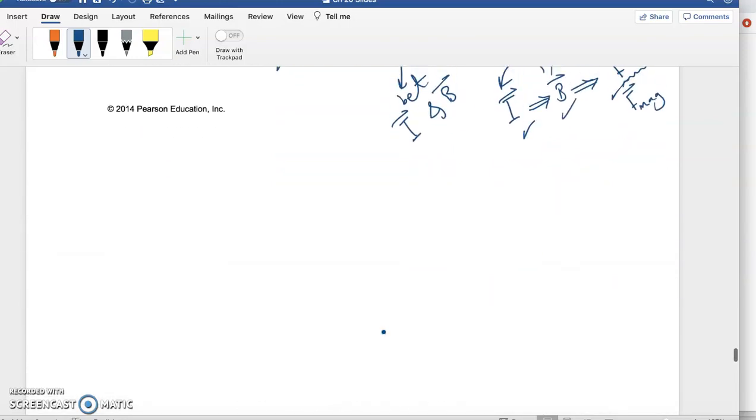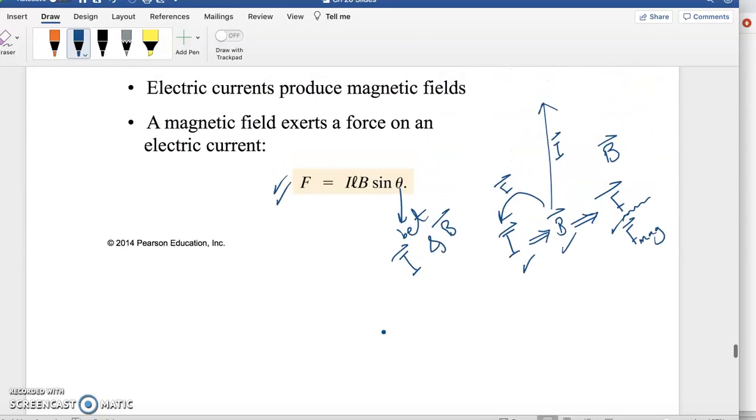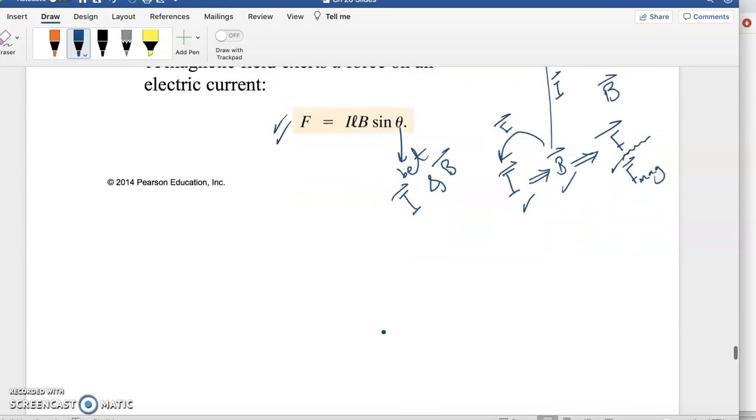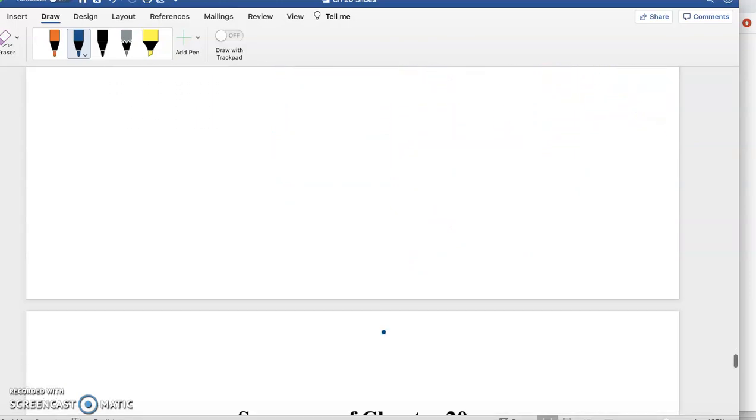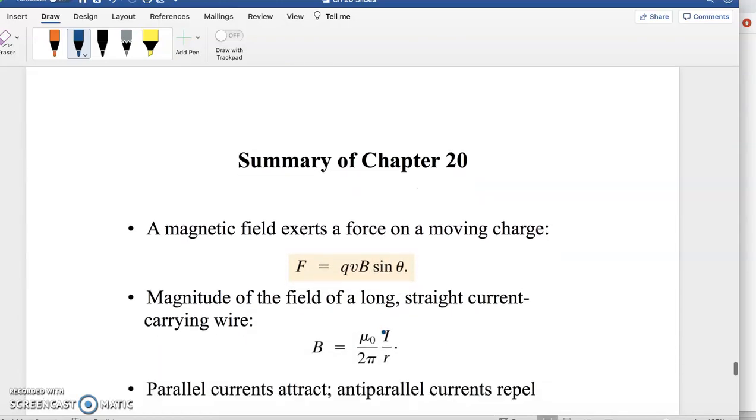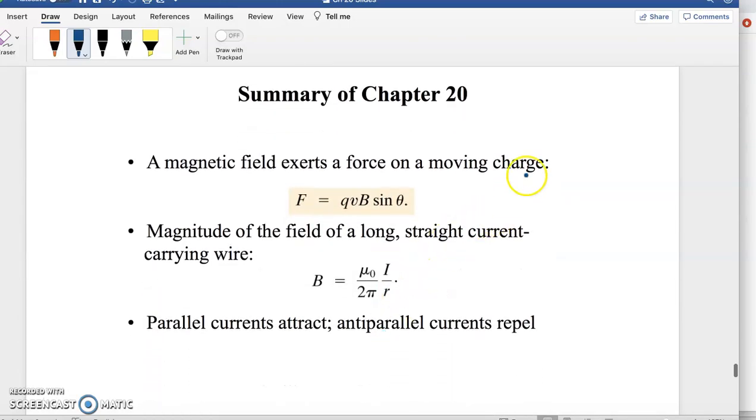Now, we were talking about current going through a wire. What is current? Current is a flow of charges, right? What if we don't have current for a moment and we simply have a moving charge? The current was a flow of charges. Now we have simply a charge, and it's moving in a magnetic field.